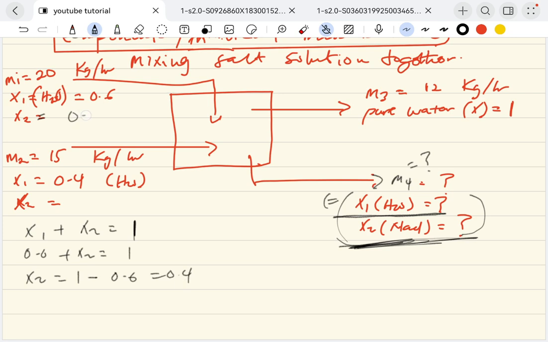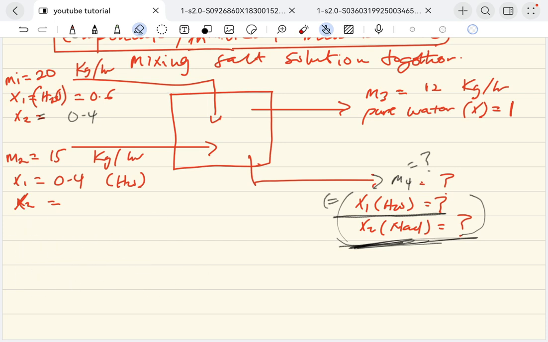So here is 0.4 there. We use the same idea: two things add up to be 1. So here will be 0.6 and here 0.4. But for the other stream, we don't have to do that, because it's pure water. Everything coming out from this stream is purely water, so the salt here is simply 0. There's no salt in that stream.